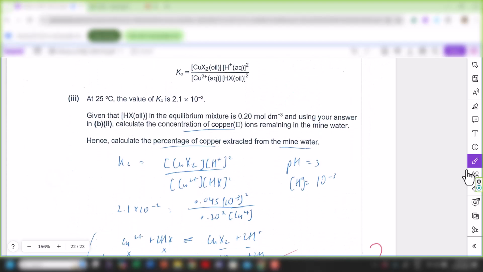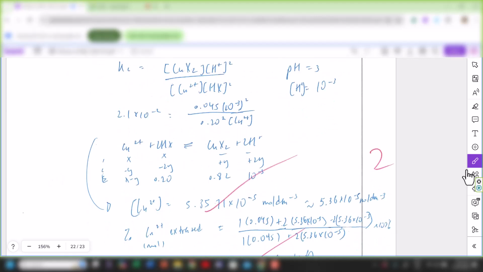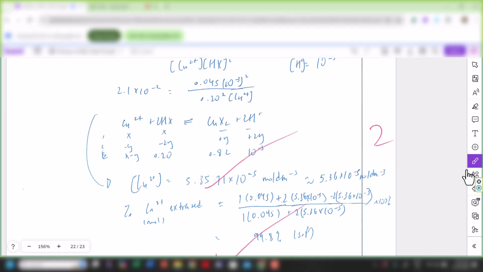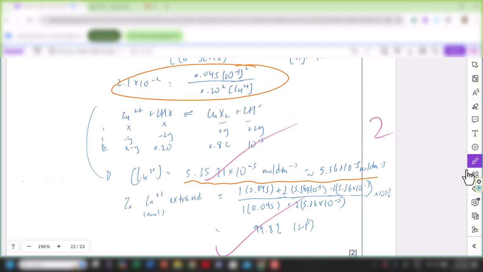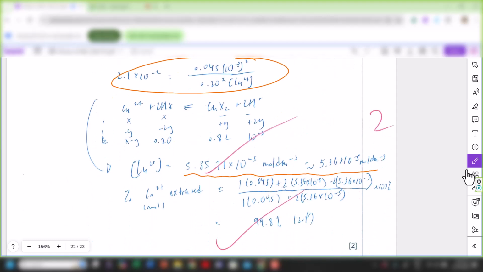Then the rest of the details you just substitute in, and you can get the copper 2 concentration from this. Then based on that, you can estimate or calculate the percentage of copper 2 being extracted, or the initial amount of copper 2 that remains in the system. Either way you do it, the answer will be about the same. You should get about 99.8%.